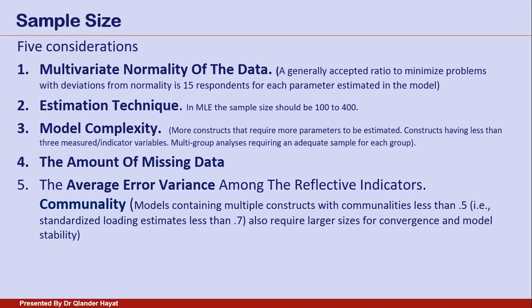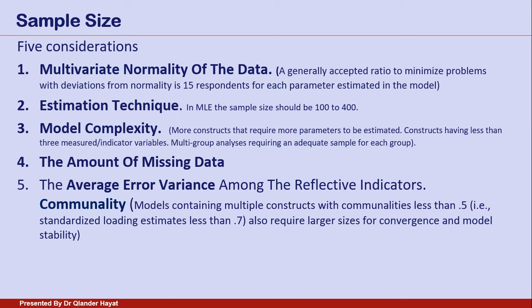The third thing is based on the model complexity. If your model has more constructs that require more parameters to estimate, and constructs having less than 3 indicator variables, or you have a model having multiple groups, then your sample size requirement varies based on the model complexity.